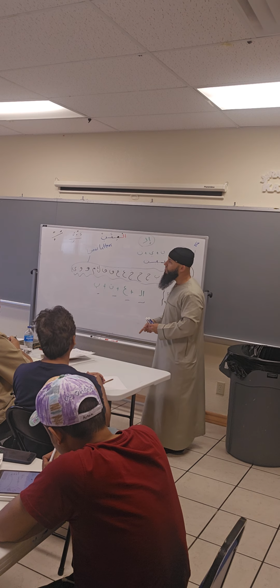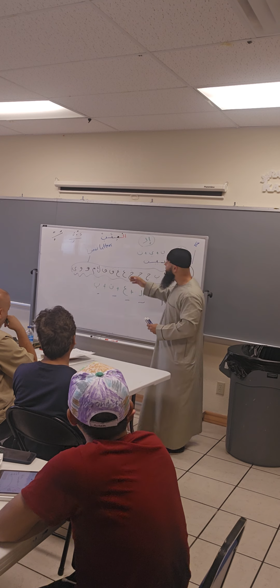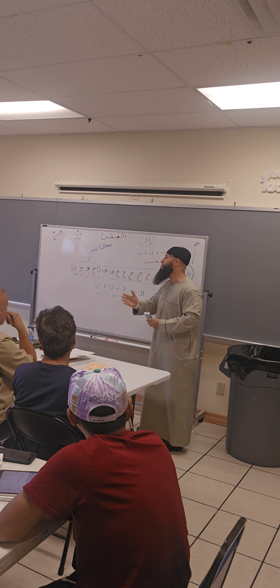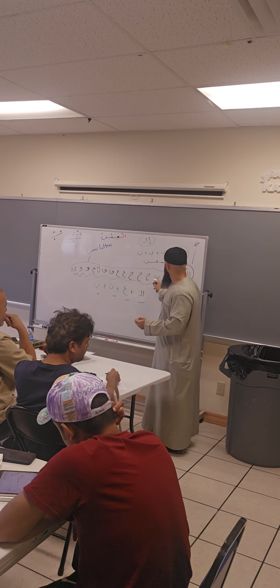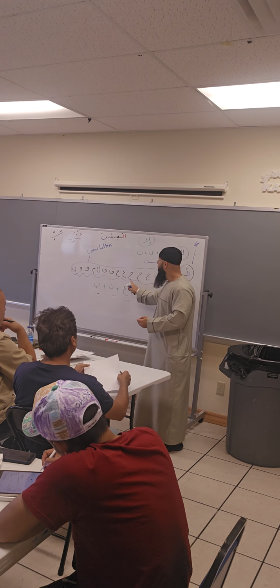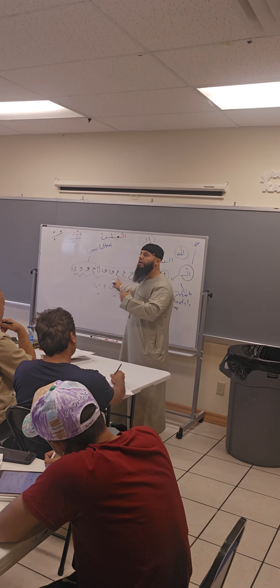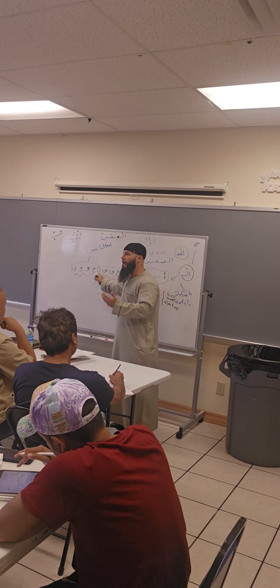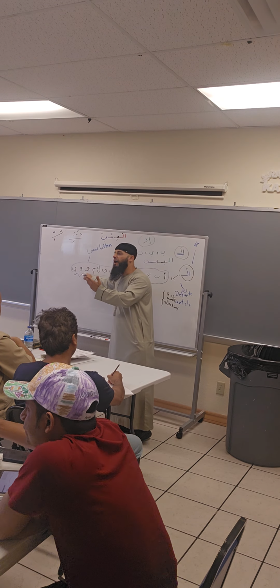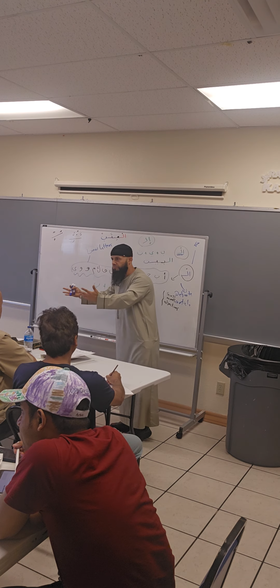Remember guys, the lunar letters, if they are preceded by a definite article, you're going to pronounce the whole definite article. What are the lunar letters? We have alif, ba, jim, ha, kha, ayn, ghayn, fa, qaf, kaf, mim, ha, waw, ya.